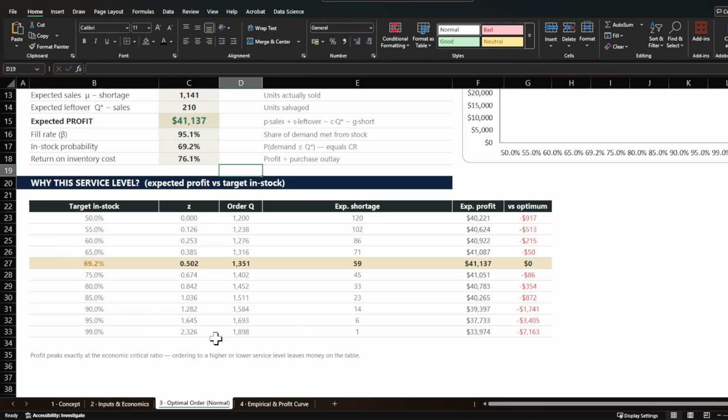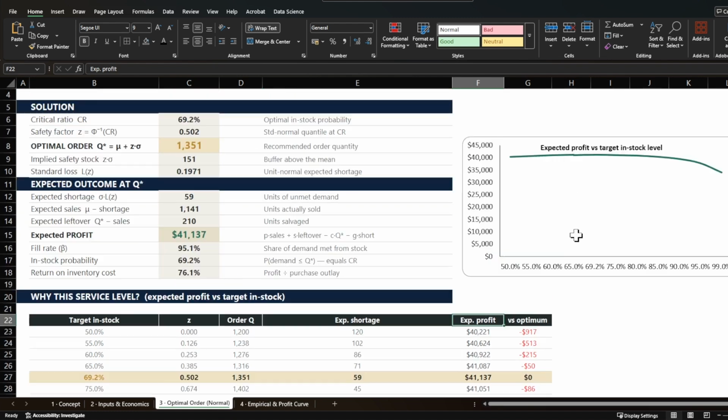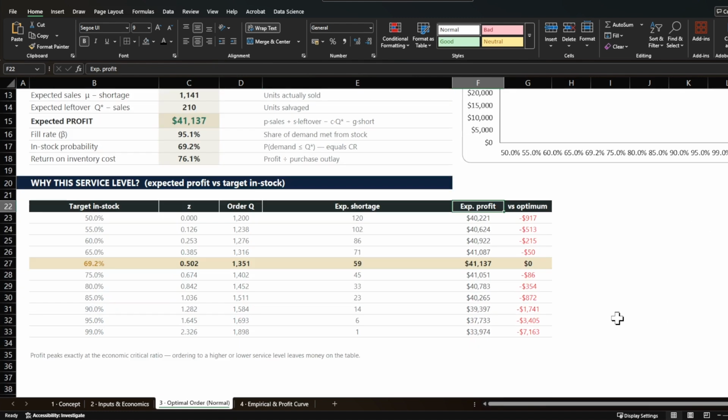So what I have done is create a table in which I take different critical ratios. According to those critical ratios, I get the Z score, and as per that Z score, the order quantity, the expected shortage, and the expected profit. I have created a graph over it. As you increase your critical ratio or service level up to 69.2%, your profit increases.